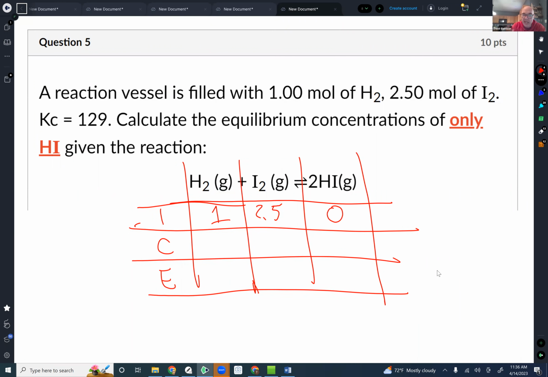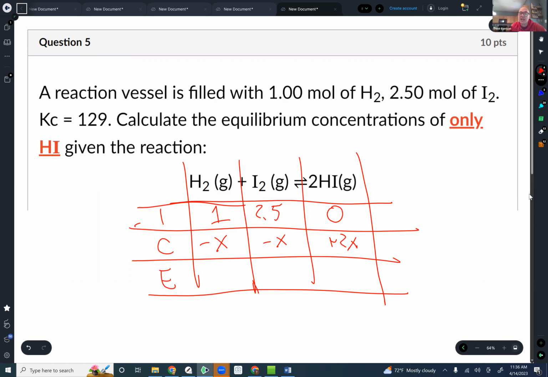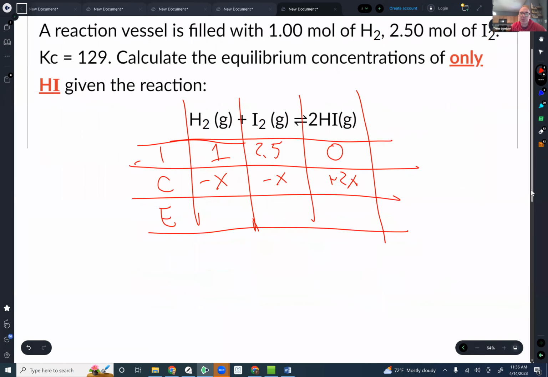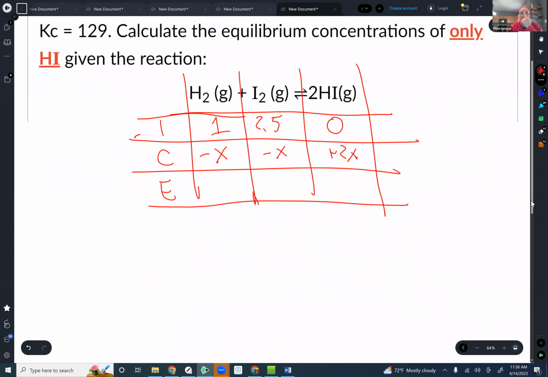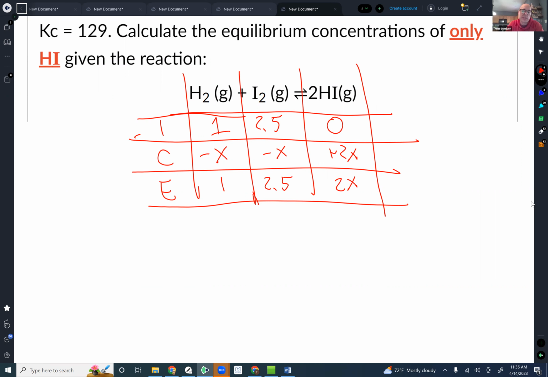Now the change amount here, so this is going to lose an X, this is going to lose an X, but this is going to gain 2X in the process. Now, because we want to make the math simpler, we get to ignore those X changes for the reactant starting material. So now I have my equilibrium, but I still don't know what the X value is.